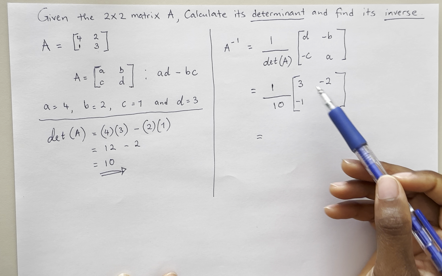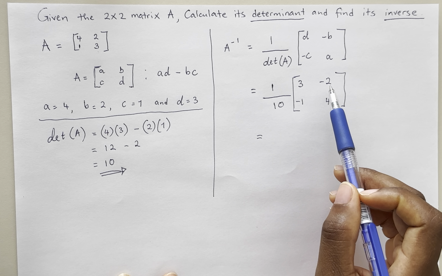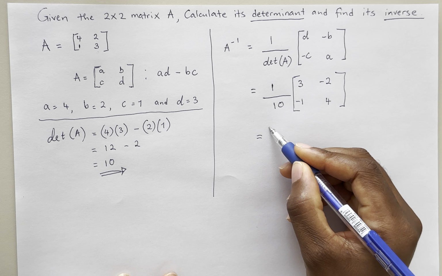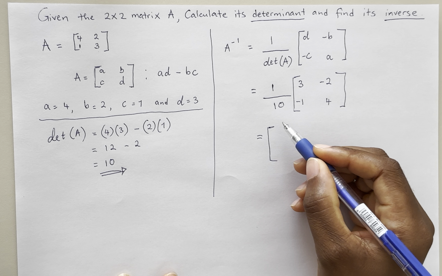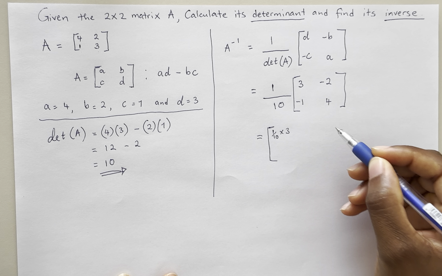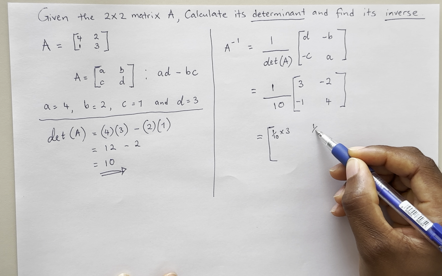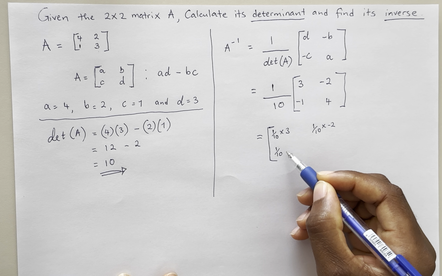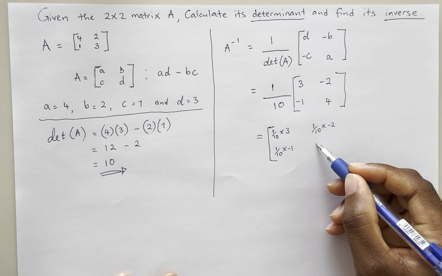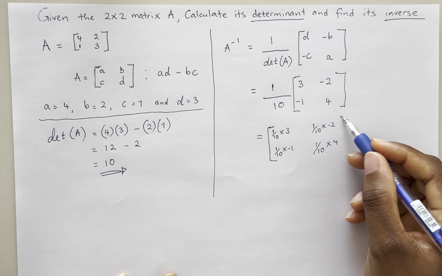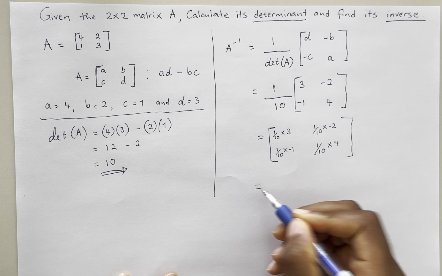To find the answer, we need to simplify this. So we are going to multiply each and every element in the brackets by 1 over 10. So we say 1 over 10 times 3, 1 over 10 times minus 2, 1 over 10 times minus 1, 1 over 10 times 4. We simplify it further.